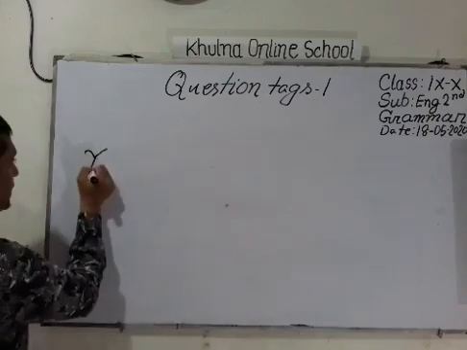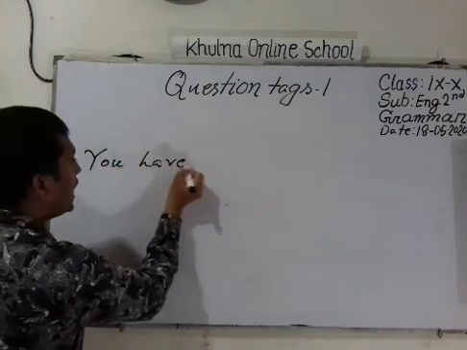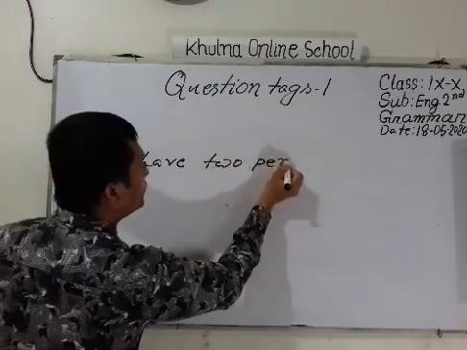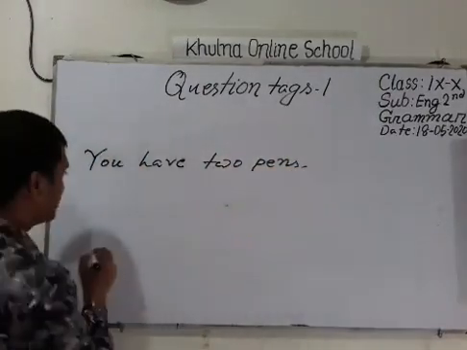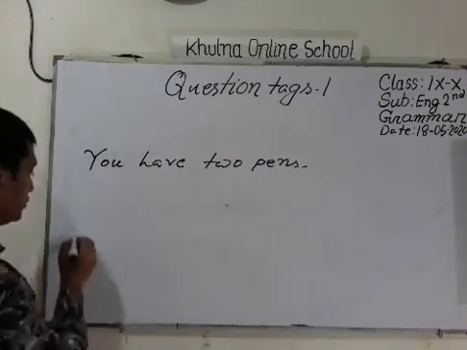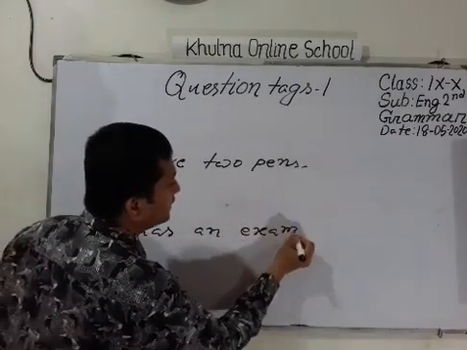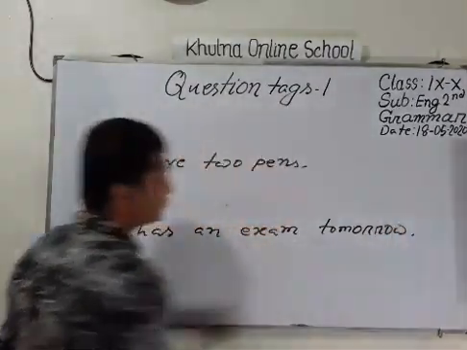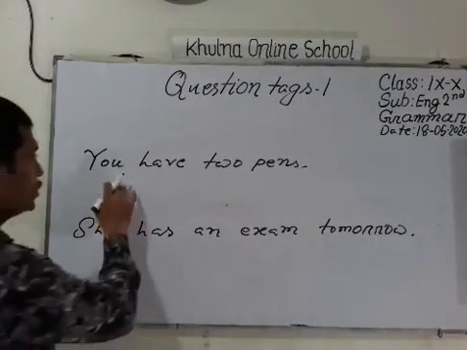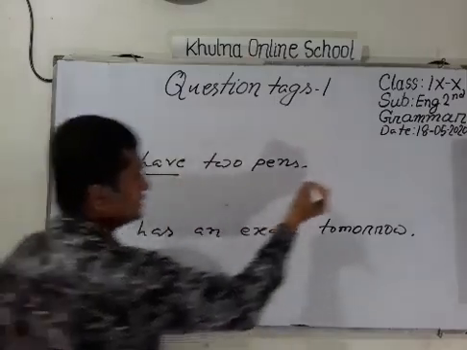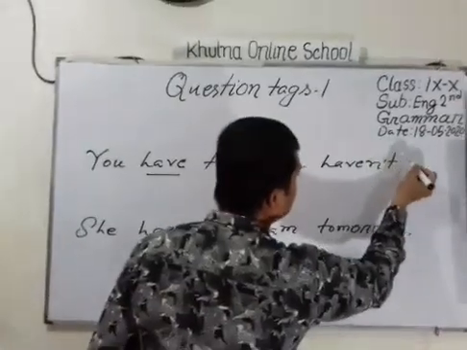Students, now another sentence: you have 2 pens. Suppose you have 2 pens. What will be here? Another sentence, she has an exam tomorrow. For you have 2 pens, here we can write, haven't you? Or we can also write, don't you?